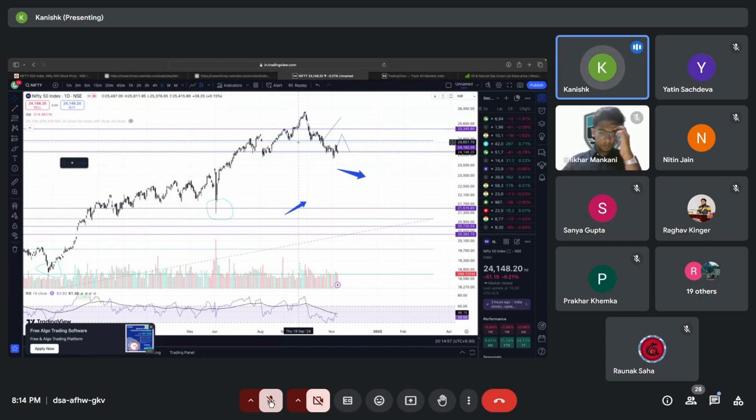Okay, Shashank, but in the coming month, crude oil prices will shoot up. So don't you think it will help ONGC? Yeah, it can help ONGC. Let's check the crude chart as well.